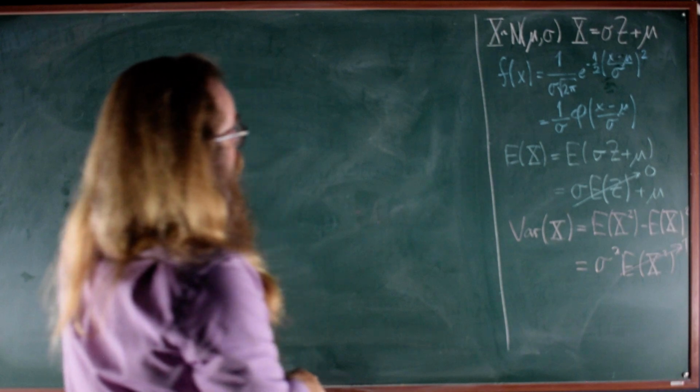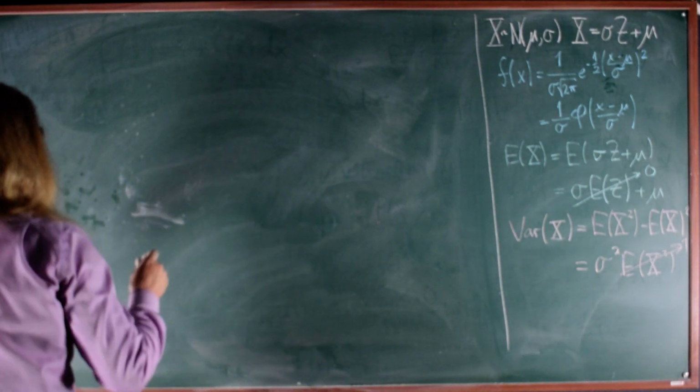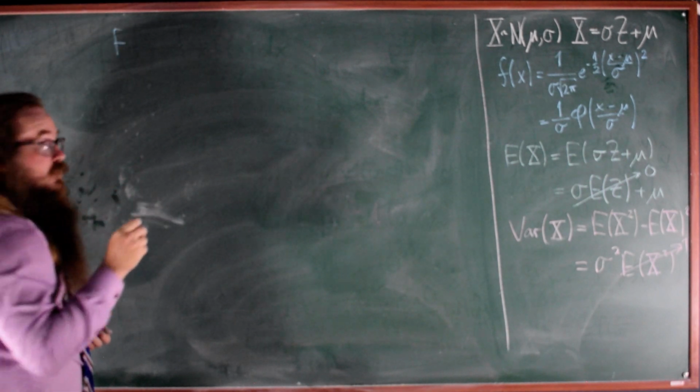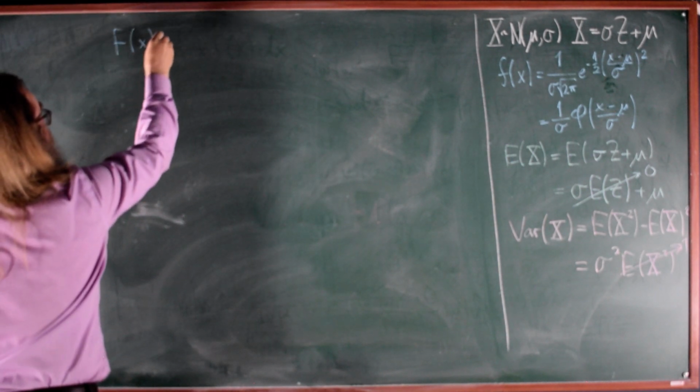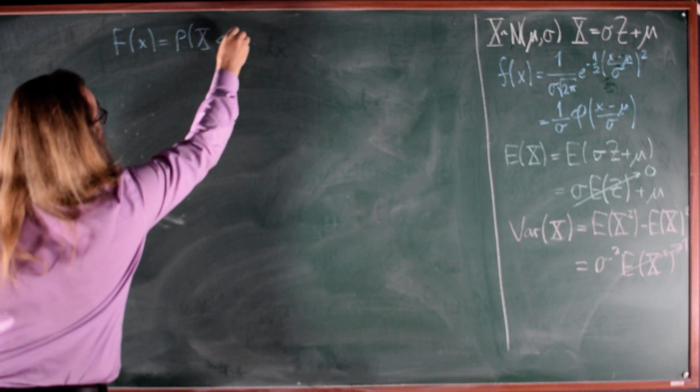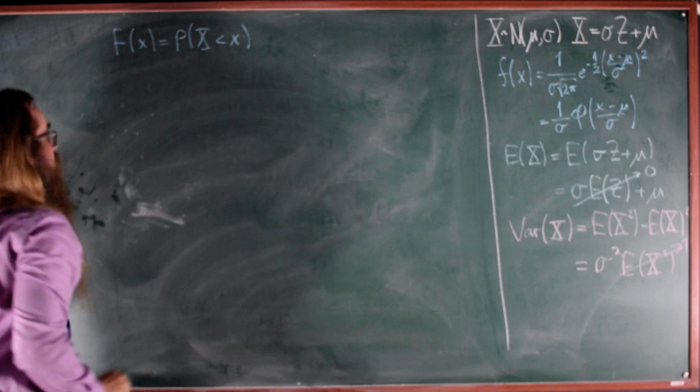All right, so let's start with the first one. I will start by noting that the cumulative distribution function of x is the same as the probability that x is less than small x.